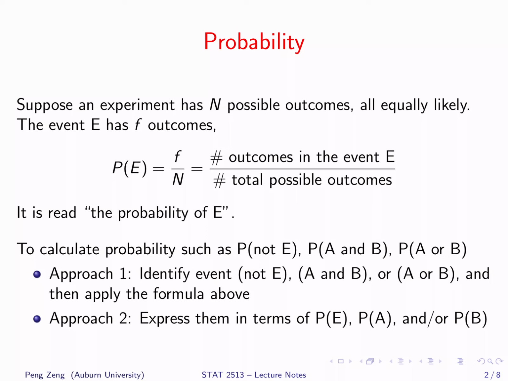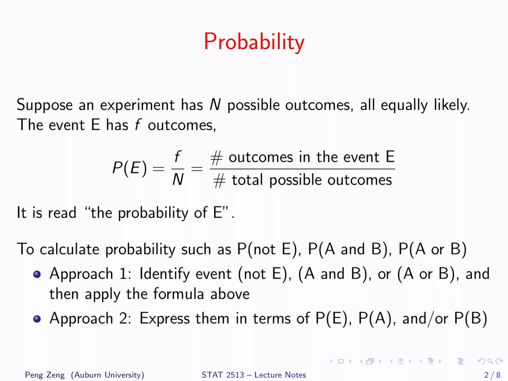We have discussed some operators of event, including not, and, or. In order to calculate the probabilities of this event, there are two possible approaches. First one, we first identify the event not E, A and B, A or C, count how many outcomes in each event, and then apply the above formula to calculate probabilities.